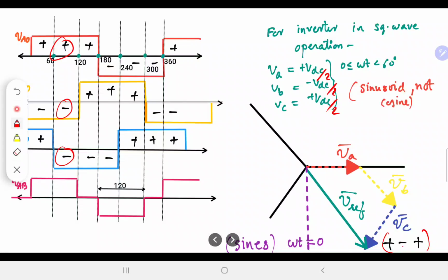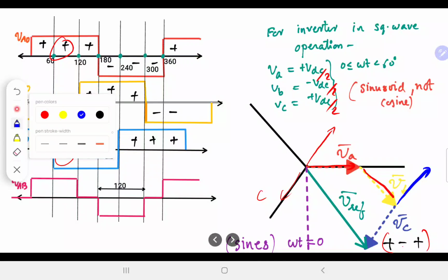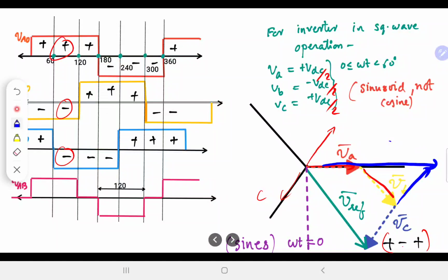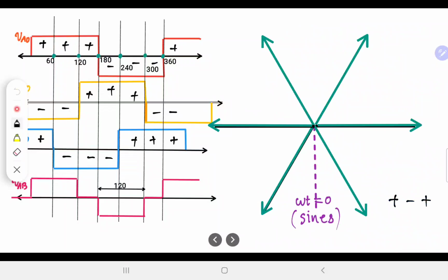So we have plus in this direction, and VB is minus, that is in this direction, and VC, now in this case this is the C direction, VC would have been in this direction, or if you draw it would have been in this direction. So together the overall this would look like we have a larger vector in this direction. So this would be corresponding to plus minus minus. Okay, so this is plus minus plus, here it is plus minus minus.